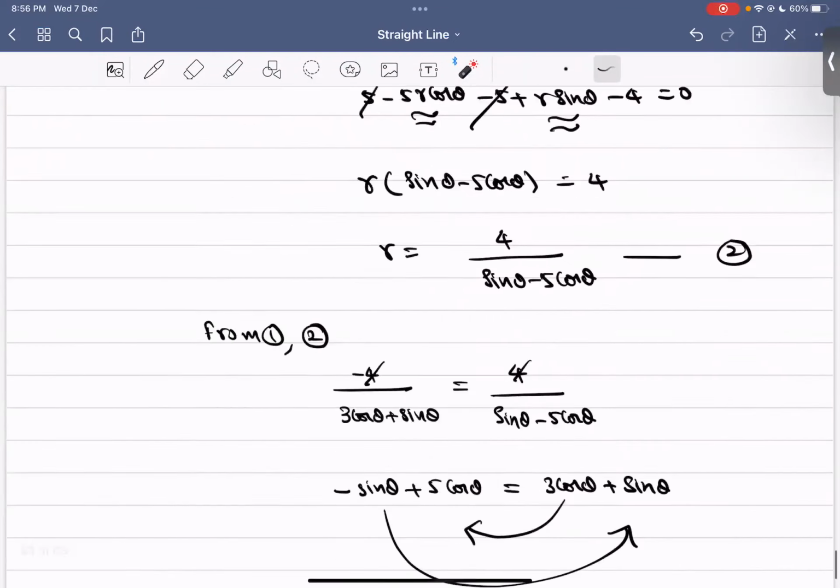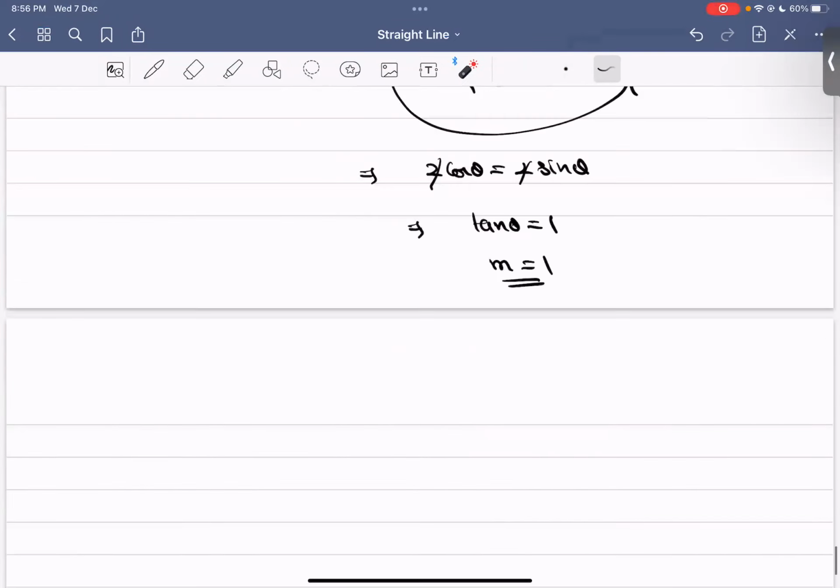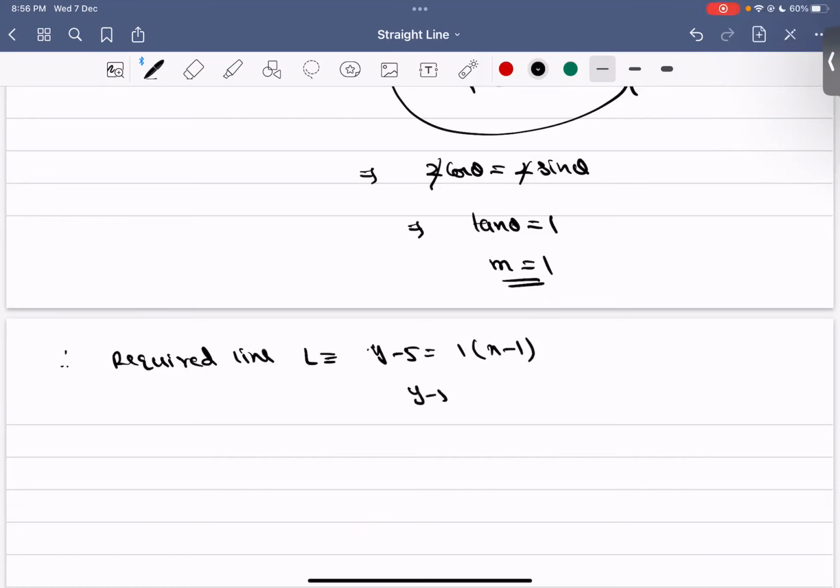Therefore, the required line L is y minus 5 is equal to x minus 1. Therefore, x minus y plus 4 is equal to 0. This is the required line. Clear?